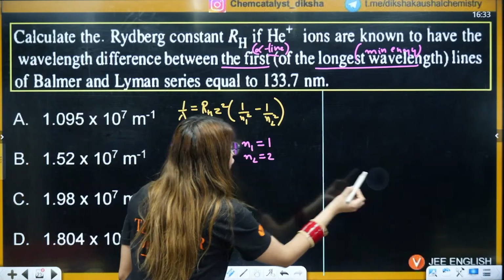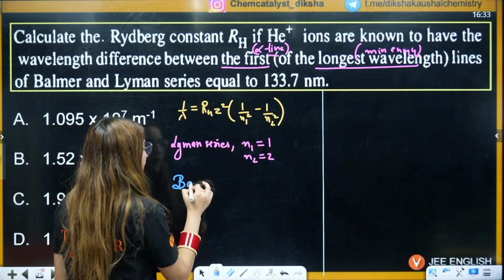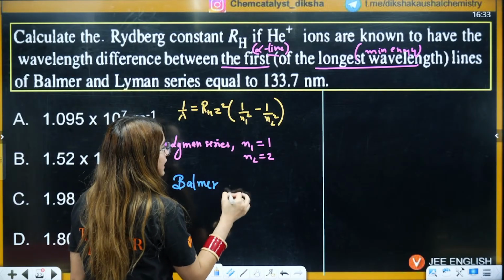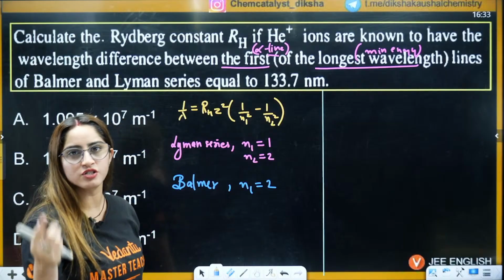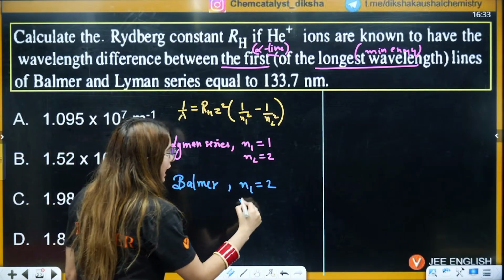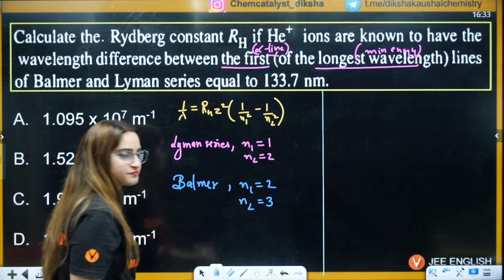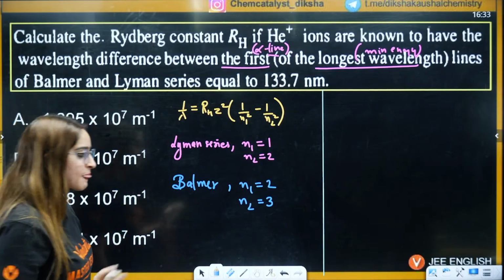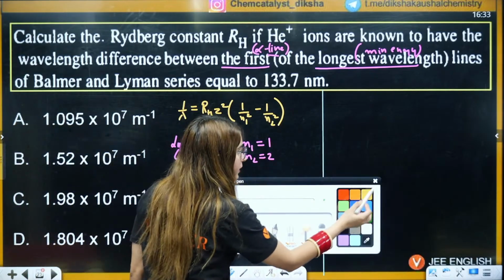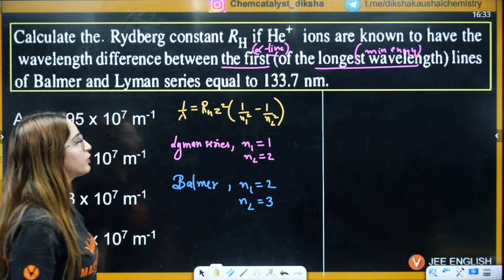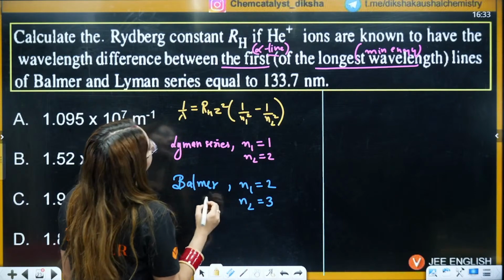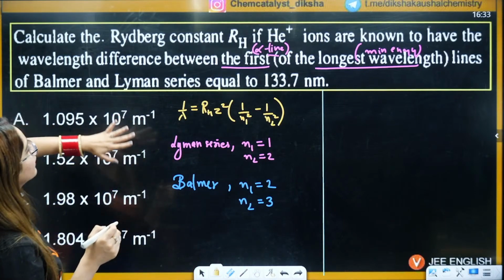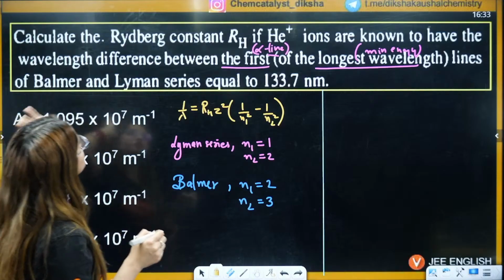Now, if you talk about Balmer, in that case, what can you write? N1 is equal to 2, because Lyman, Balmer, Paschen, Brackett, Pfund, right? So here N2 is equal to 3, because first line only they are talking about. So one by one we'll put these values. They are talking about helium, just one electron atom.